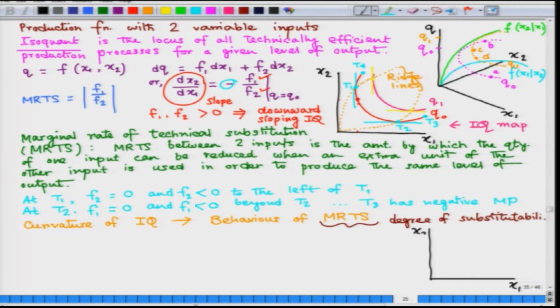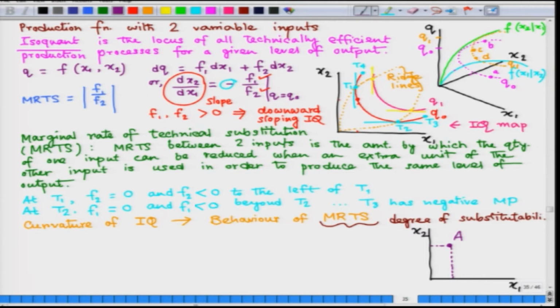So again we are going to measure two variable inputs along the axes. Now we will first not draw the curve, we will first start with two input bundles. Suppose we have this initial input bundle A with some coordinates, okay.